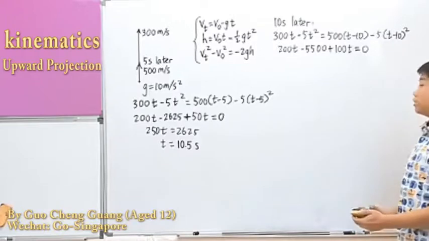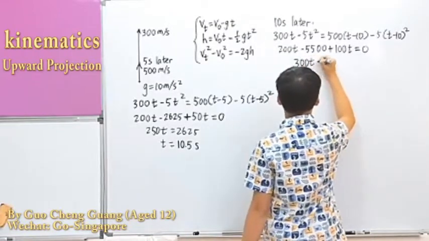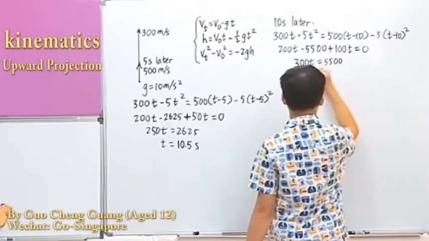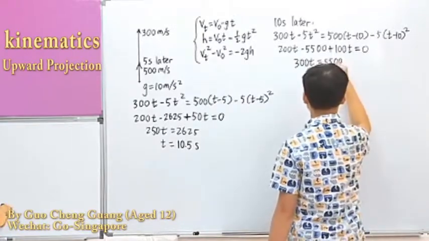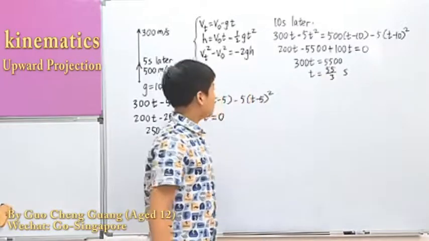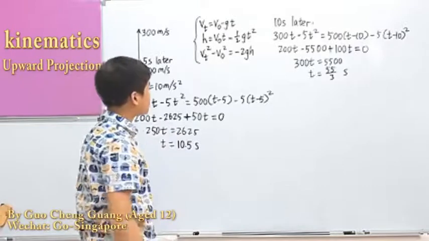And this is equal to 0. So for your 300t, it will be 5500. So t will be 55 over 3 seconds. That is what you have if you're going with the first.